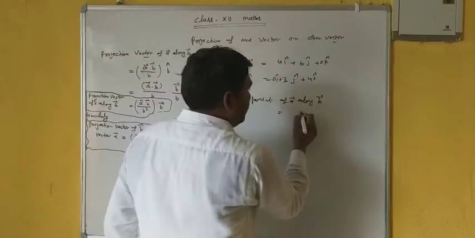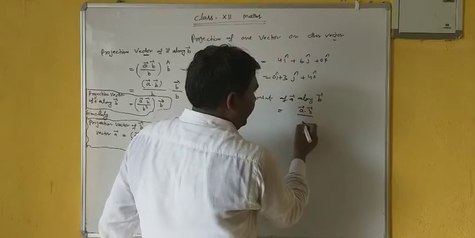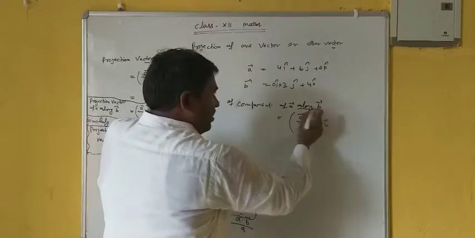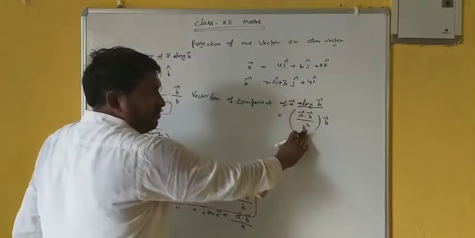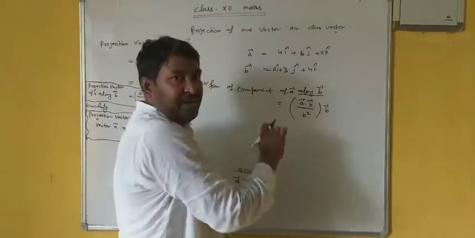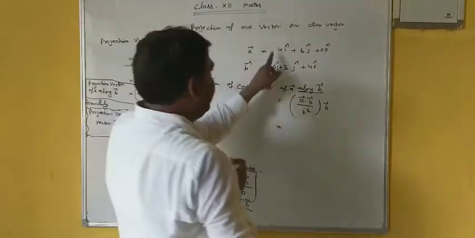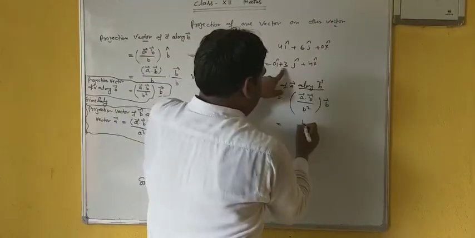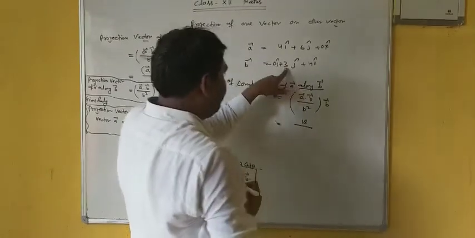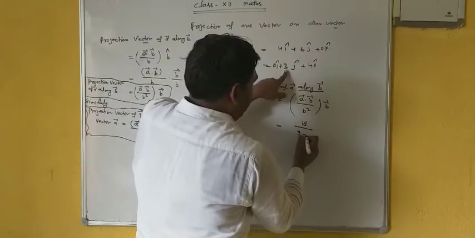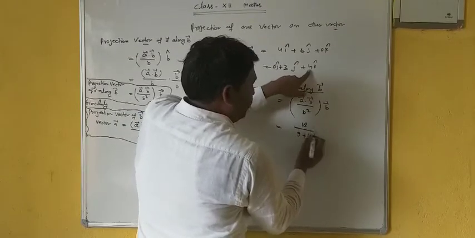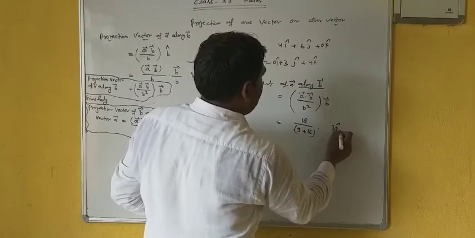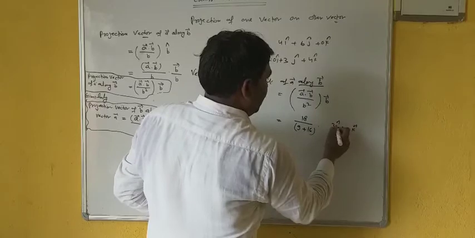So this will be equal to vector A dot vector B upon B square, into vector B. Very simple. Along or on will come here, and the magnitude square will be here. A dot B will come every time. So this will give you A dot B: i with i, 0; k with k, 0; 6 times 3 is 18, divided by magnitude of B square, which is 3 square, 9, plus 4 square, 16, into vector B, that is 3j cap plus 4k cap.